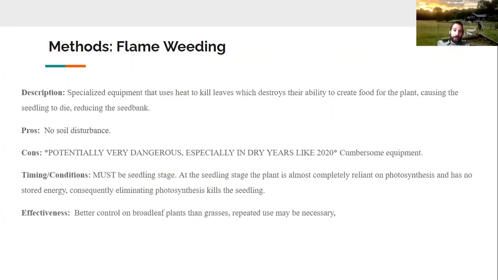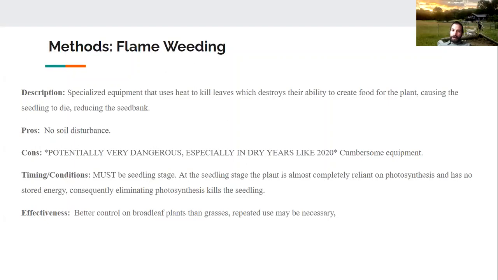The pro here is there is no soil disturbance, and generally you can be really targeted with this method. The cons, thinking about the weather that we've had this year in the Northeast, it is potentially very dangerous in terms of the user burning themselves and the possibility of starting fires.